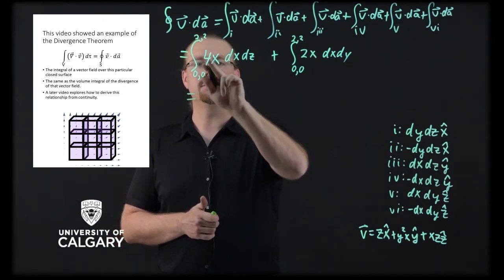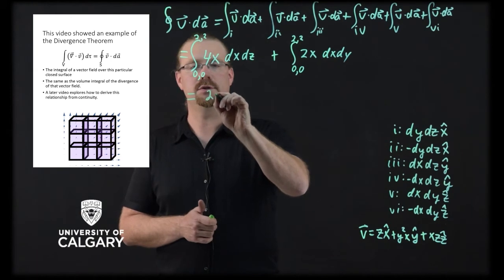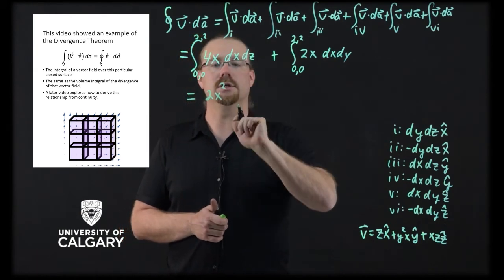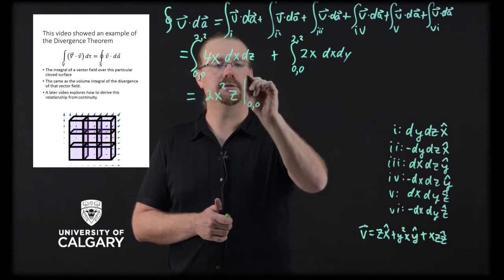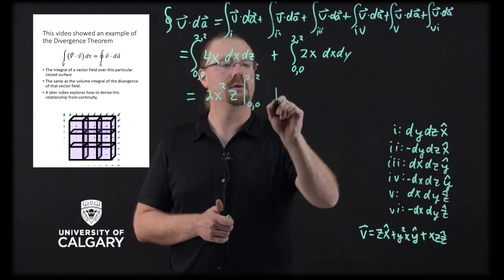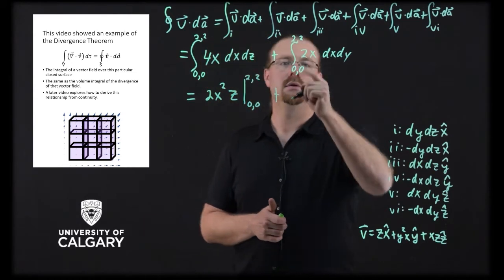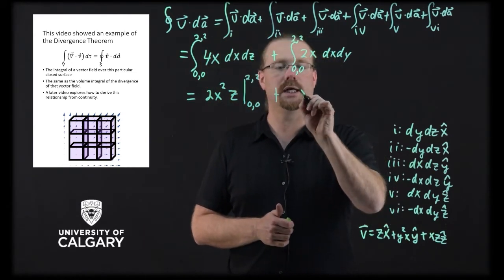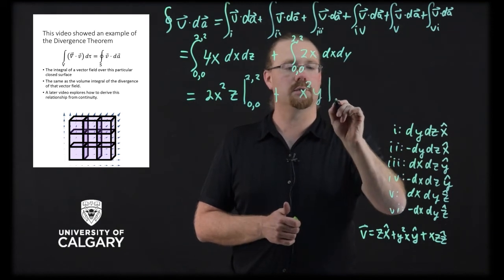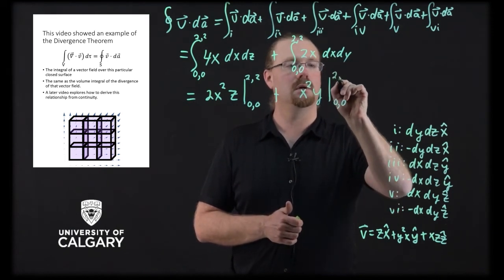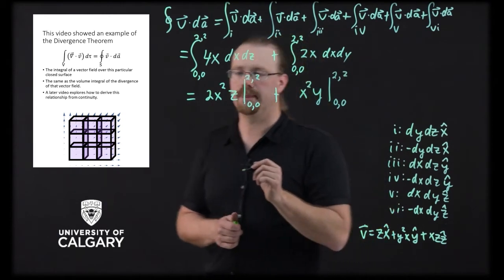Doing this integral right here is fairly straightforward. We get x squared over 2 times 4 gives us 2x squared. And then, of course, the integral with respect to z gives us z, evaluated from 0, 0 to 2, 2, plus the integral of 2x is, of course, x squared. And the integral with respect to y is going to give us a y. And once again, we're going to go from 0, 0 up to 2, 2.